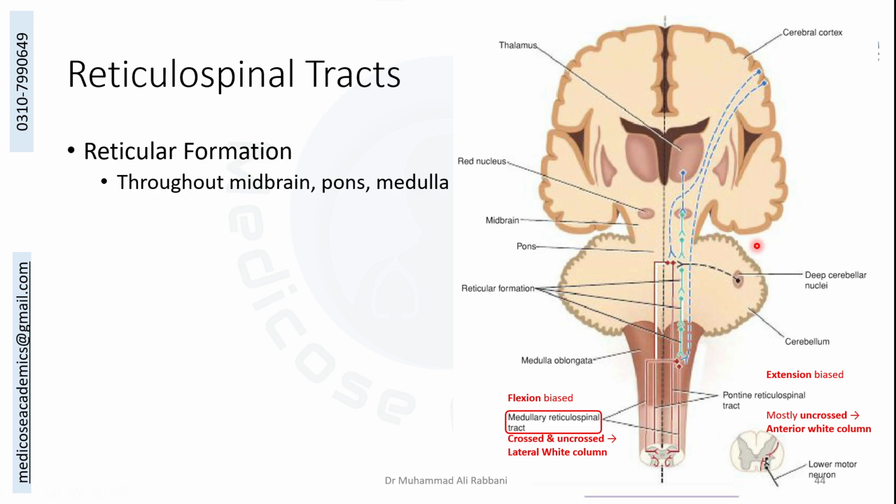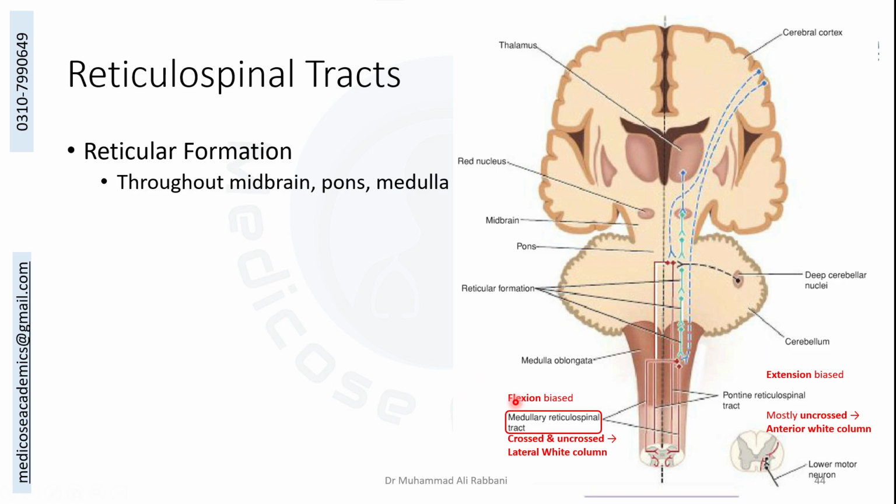The medullary reticulospinal tract extends from the medullary part of the reticular formation, and it will be majorly crossed, and it will move down in the lateral column. It will be responsible for, you sit on a rubber mat, the fixation bias, facilitating flexion muscles and inhibiting the extending muscles.